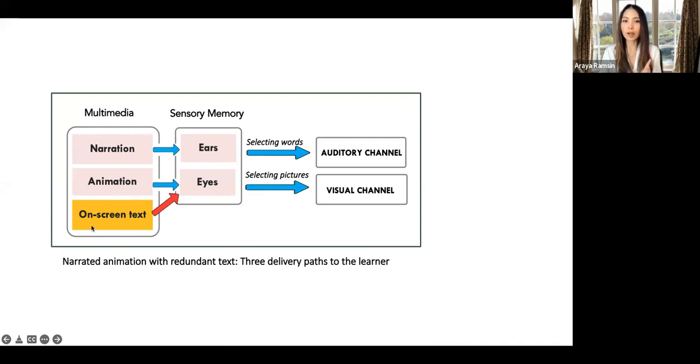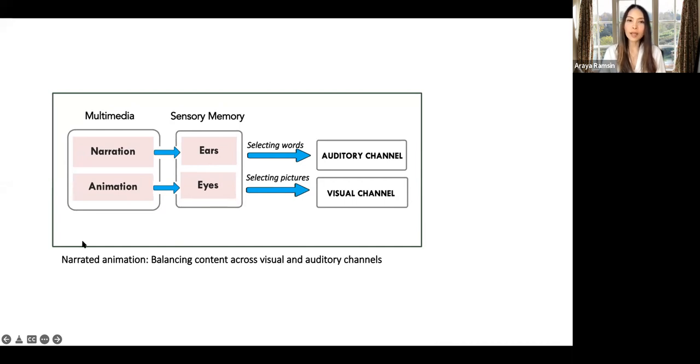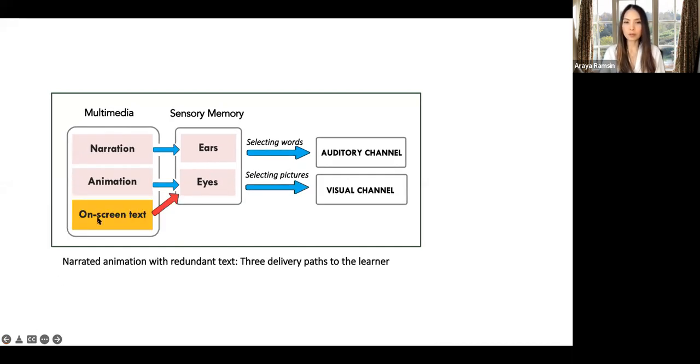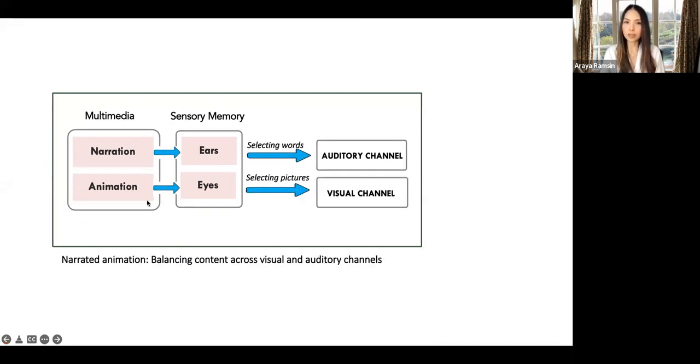But if you also have on-screen text, it also goes into your eyes and is also processed in the visual channel. That way you will overload the visual channel. This is not a good thing to do based on the theory. So a better way is to remove the on-screen text and just have two things, narration and animation. That way we believe people can learn better and more deeply.